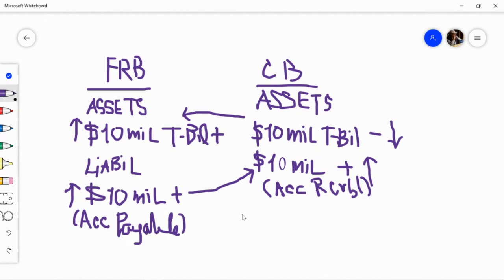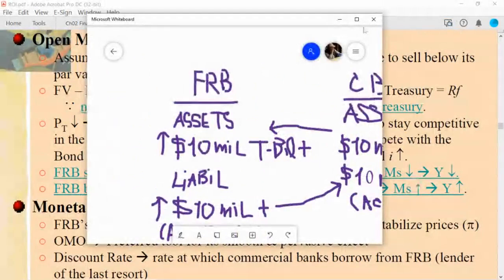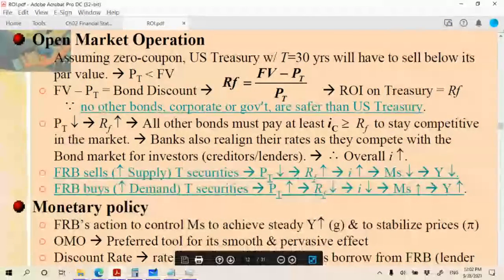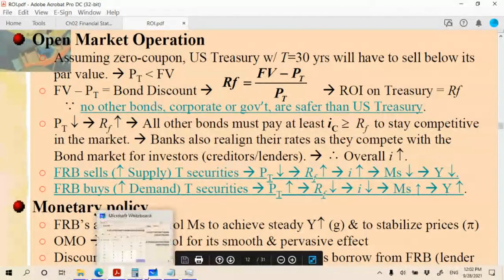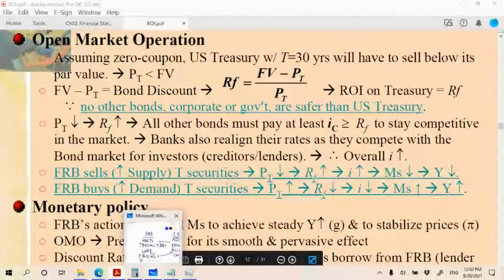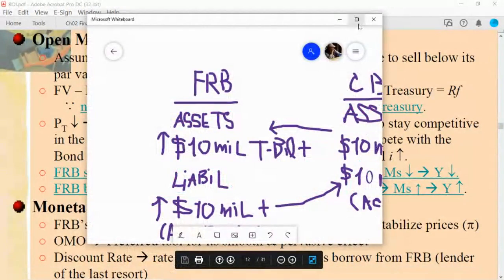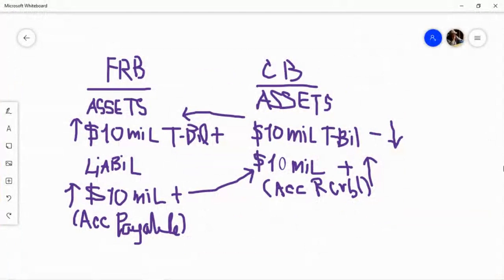So this is what happens. In other words, no actual cash is transferred, but it increases the money supply. This is what happens in quantitative easing, or in expansionary monetary policy.